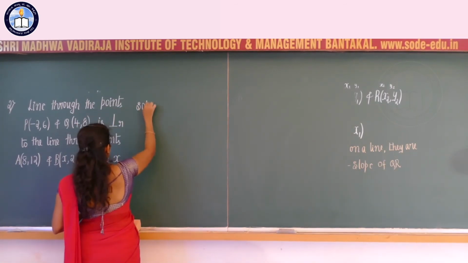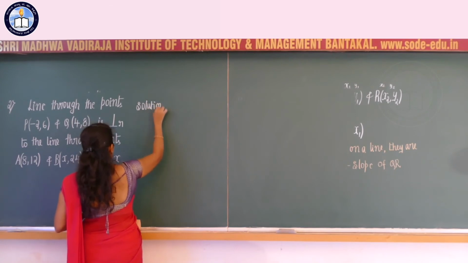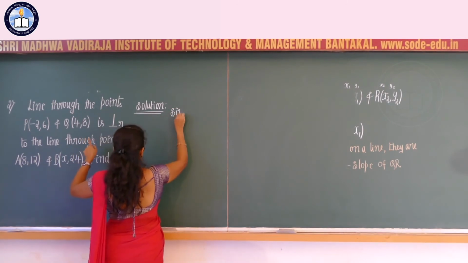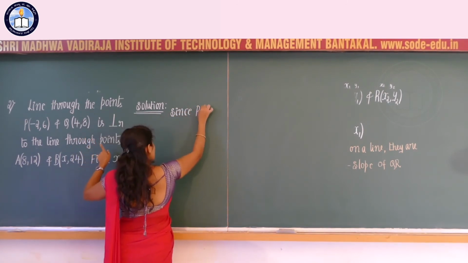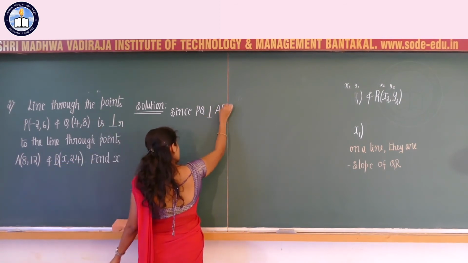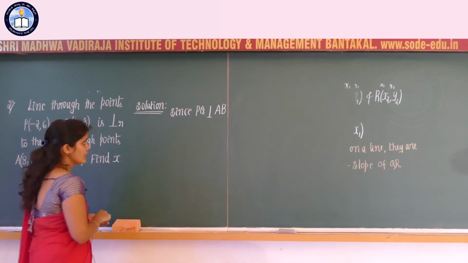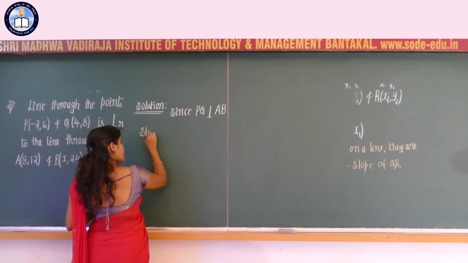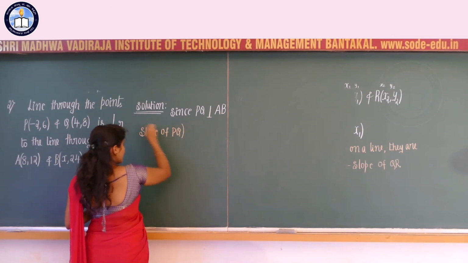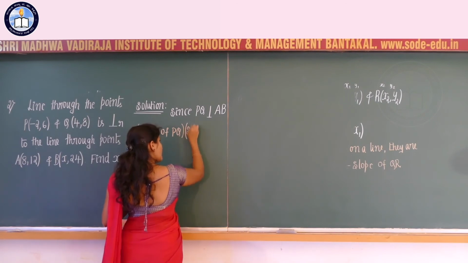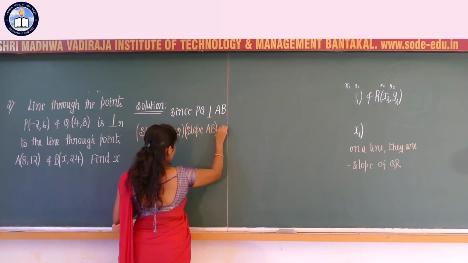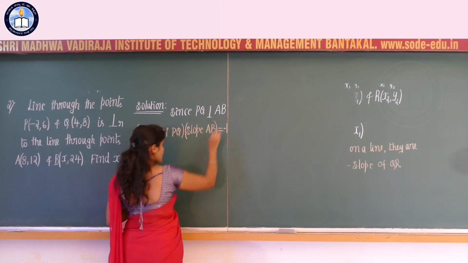Let us consider the solution for this problem. Since PQ is perpendicular to AB, I can write slope of PQ into slope of AB is equal to -1.